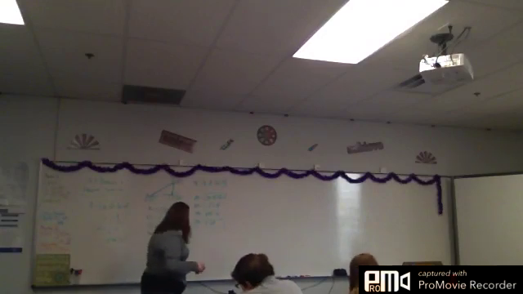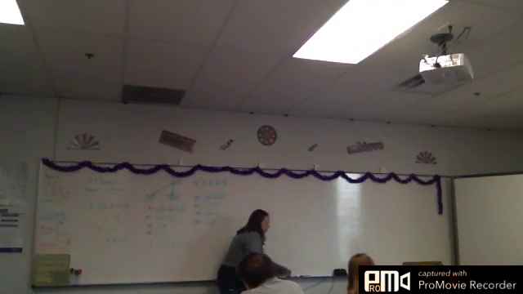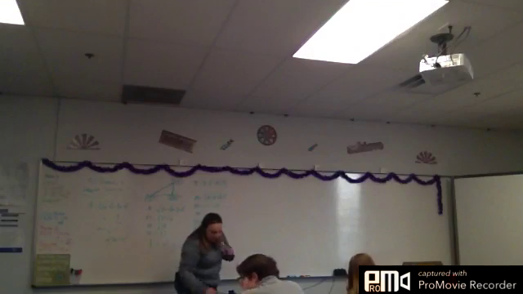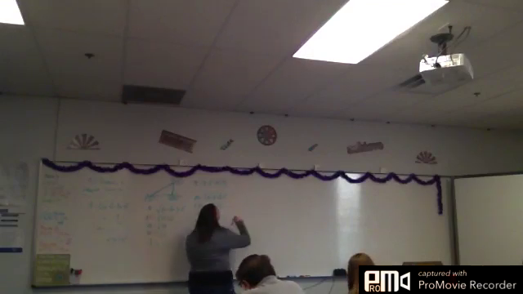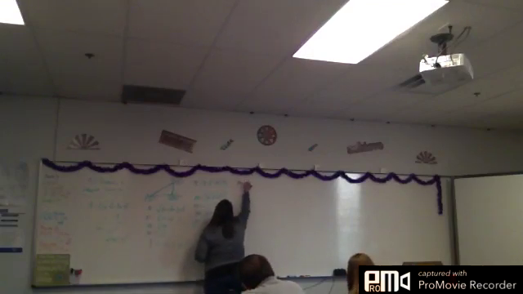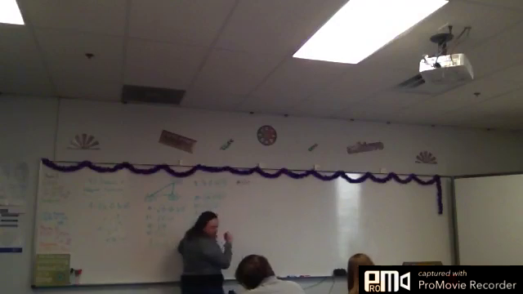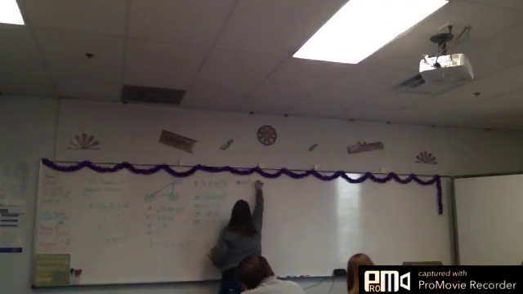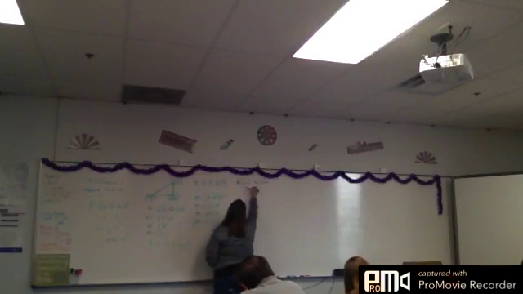Okay, let's try this next one. It says, find the distance between these points. M is 6, 3, and N is 5, 7. How would I do this? D equals radical x2 minus x1, squared.